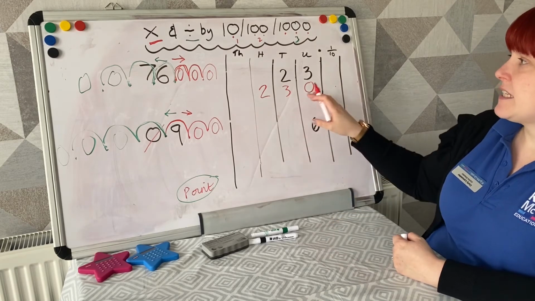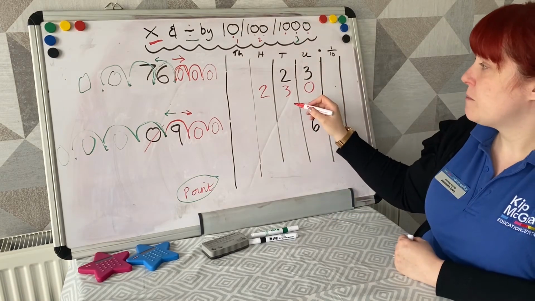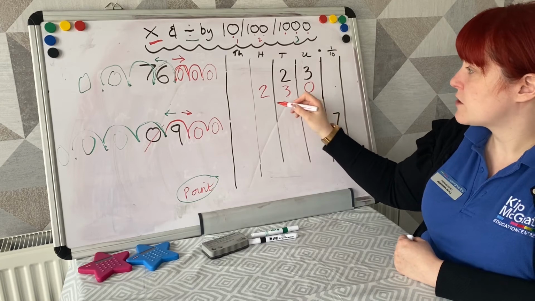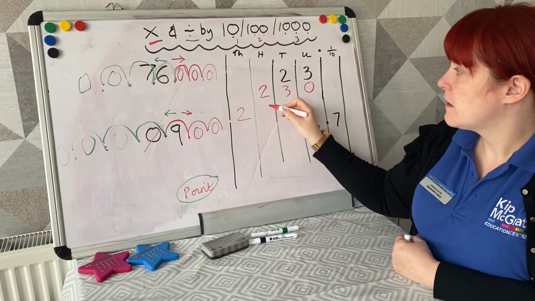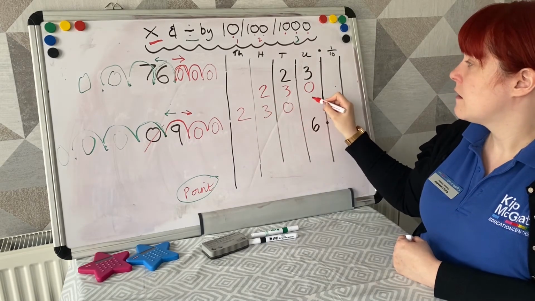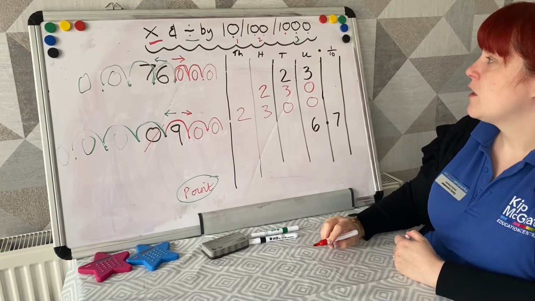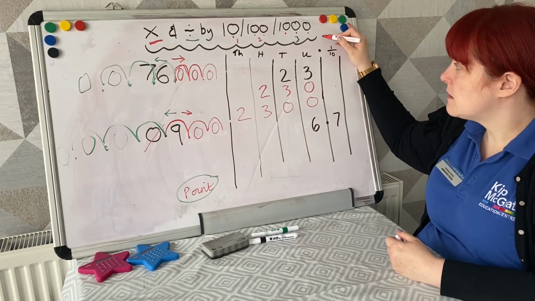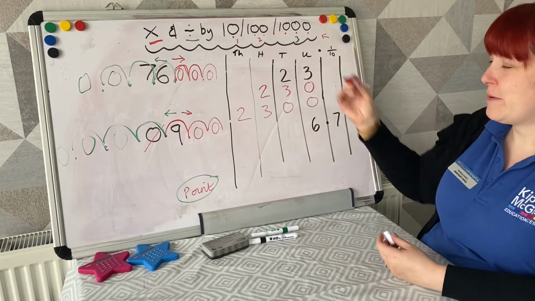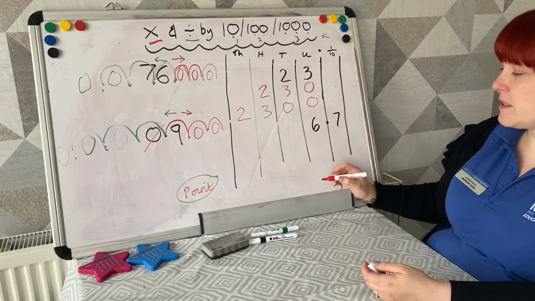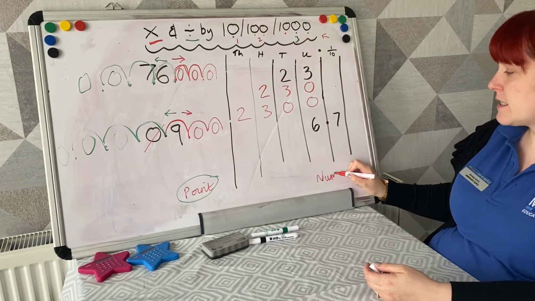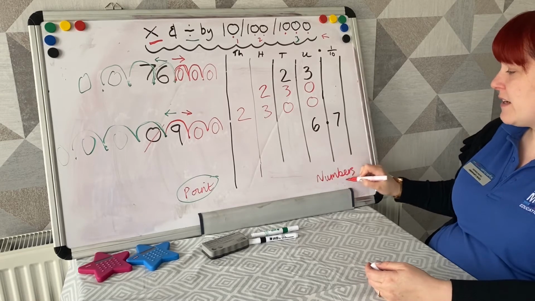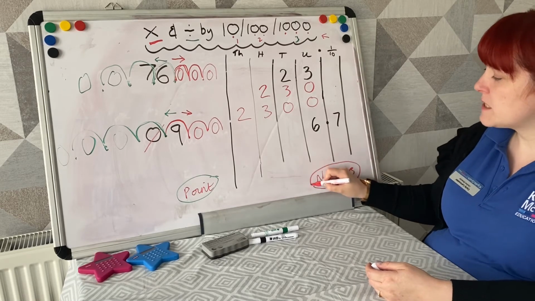So that's timesing by 10. Timesing by 100, we move it 2 places. So the 2 was there, so it's going to be 1, 2. So this time we're moving the numbers left when we're timesing. So it's the exact opposite, but we're moving our numbers this time. And that is effectively what we want them to understand, that it's the numbers that are getting bigger.